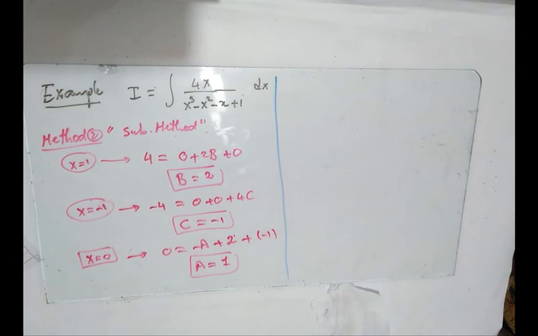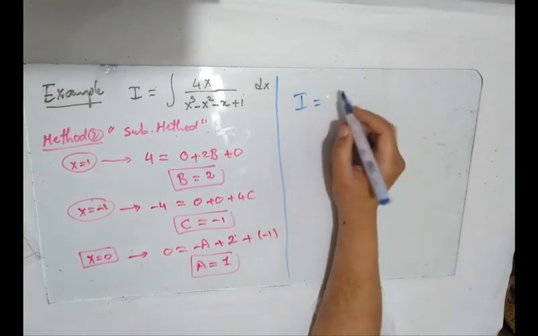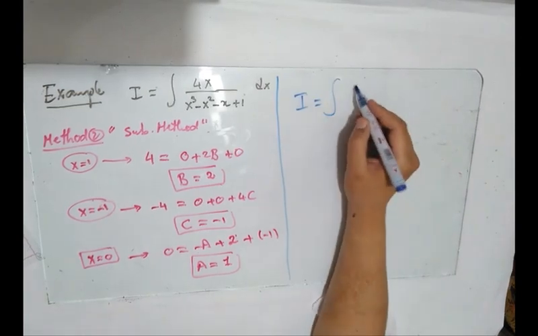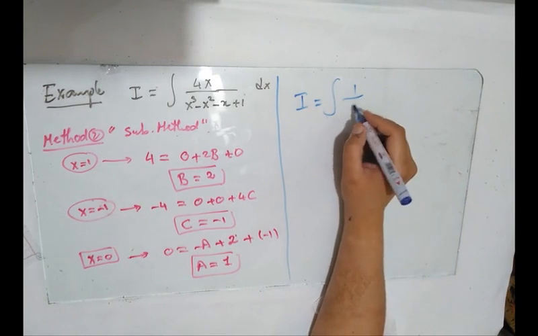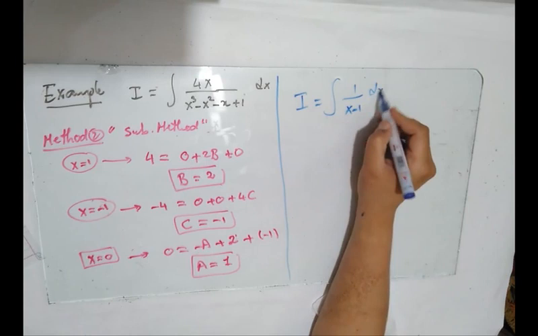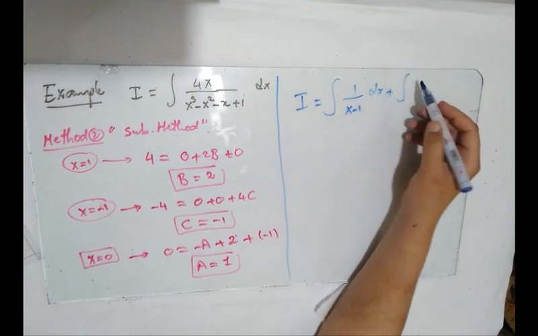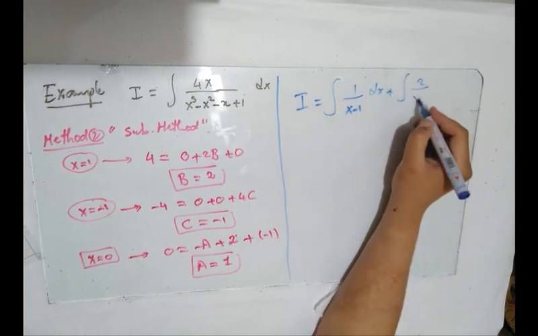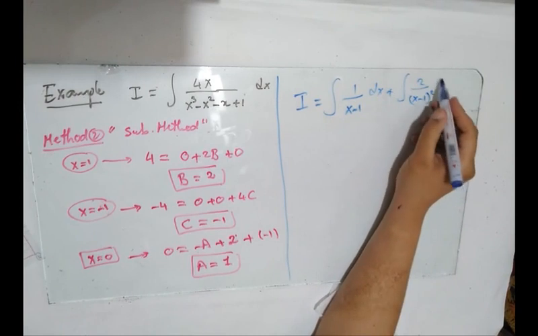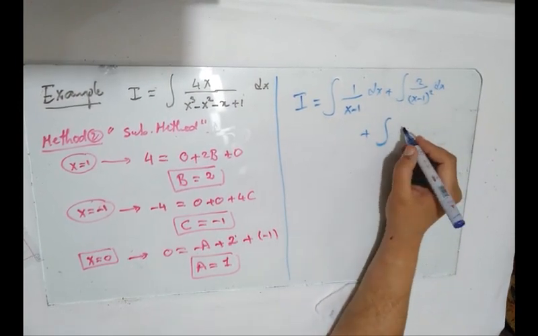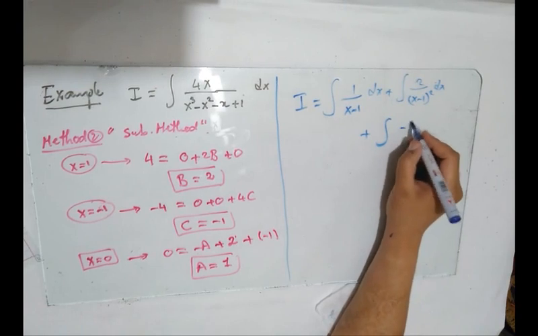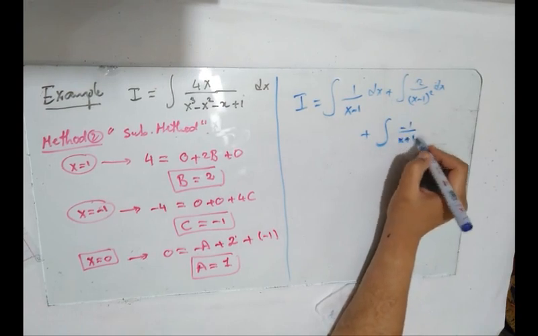So let's see how to calculate the integral. I will be the integration of 1 over x minus 1 with respect to x, plus the integration of 2 over (x minus 1) squared with respect to x, plus the integration of, where is c? Yes, negative 1 over x plus 1 dx.